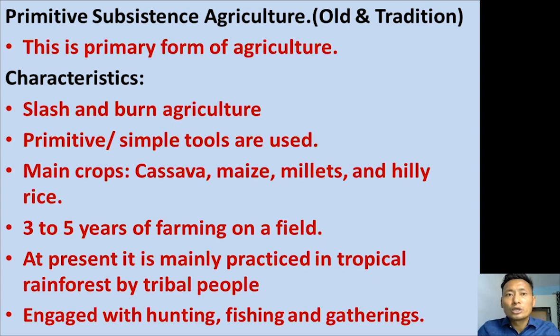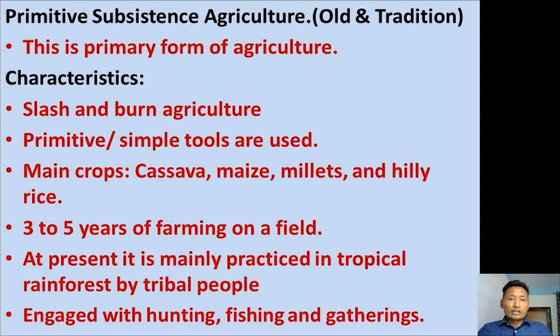That is called primitive subsistence agriculture. So this is the primary form of agriculture. That means it is the primitive, old, or traditional way of cultivation of crops that is mainly for self-consumption.